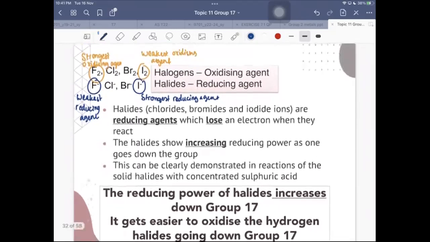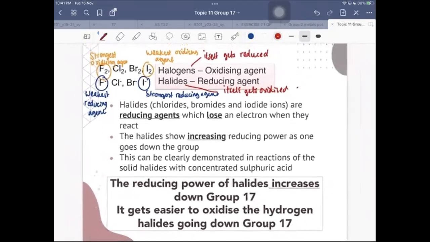I may need to add that again: halogens oxidize other species, and themselves get reduced, whereas halides reduce other species and themselves get oxidized. Okay, next slide.